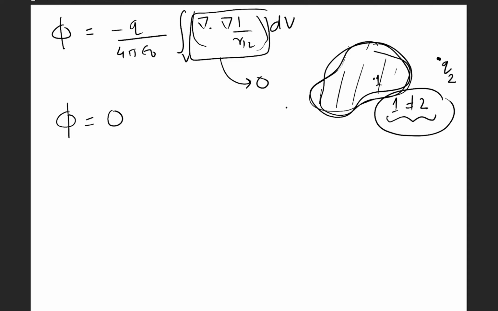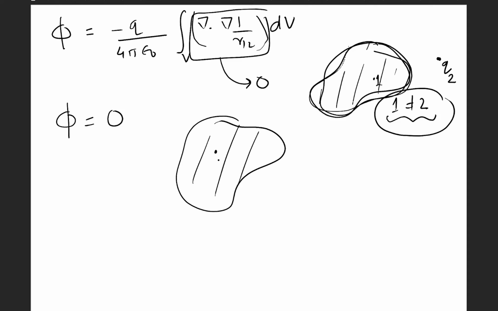However, what happens when this charge q is now enclosed by this surface? Let us say this q is here. So what will happen? Let us see. Now in this case, we will define a very small sphere which is going to enclose this charge q, and this sphere has a radius of delta r.